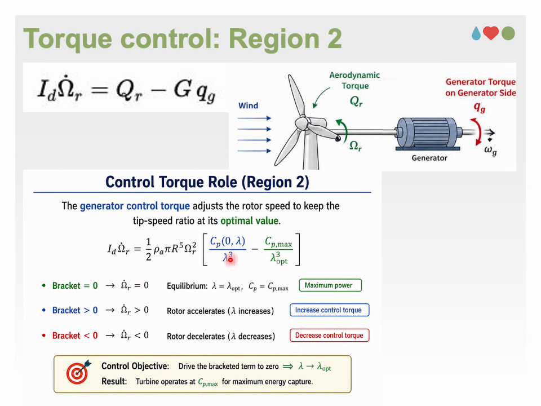If the bracket value is positive, the rotor speed increases, while when it's negative, the rotor speed slows down. There are other methods that can further improve this simple control approach, which are not discussed here.